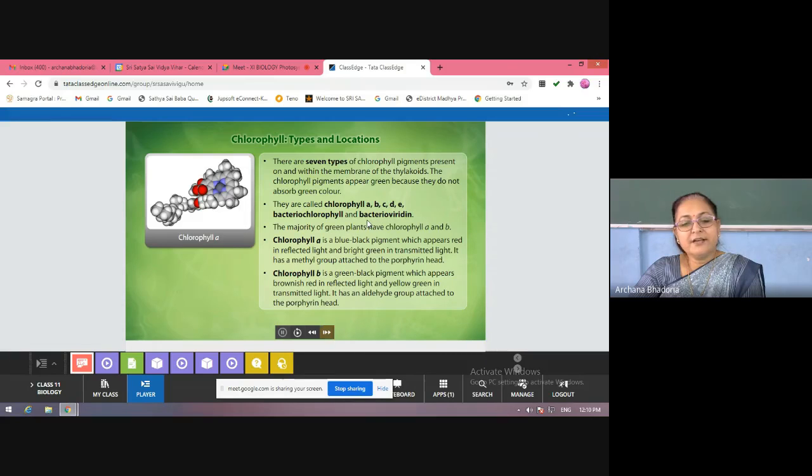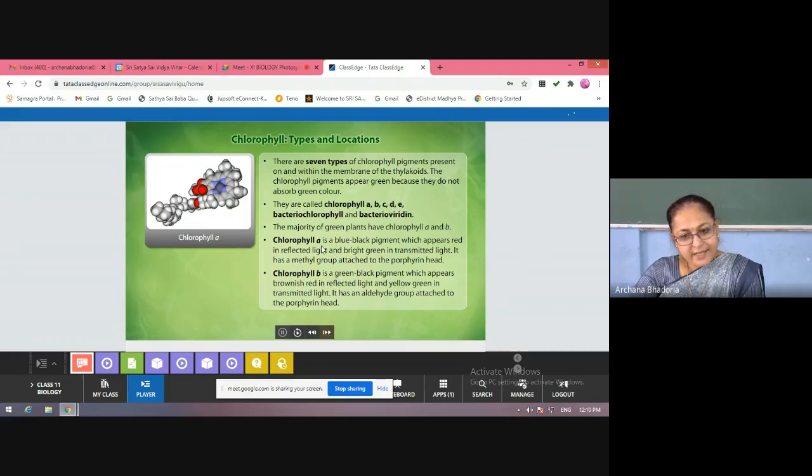Okay, and bacteria will have bacteriochlorophyll and bacterioviridin. So majority of the green plants, remember they have A and B. Last year, in 10th class, I told you only these two, chlorophyll A and chlorophyll B, because most of the plants will have only these two.